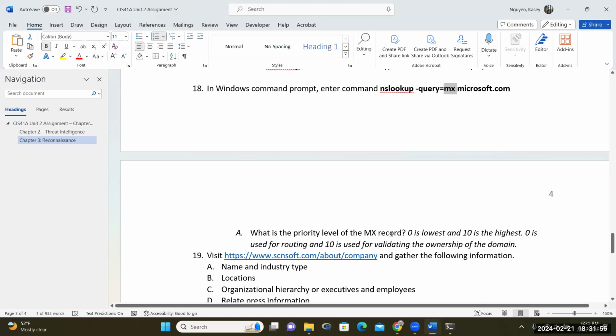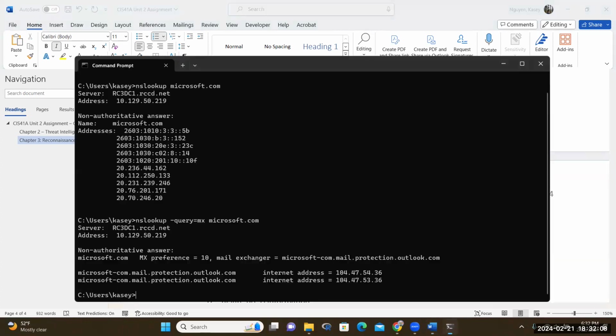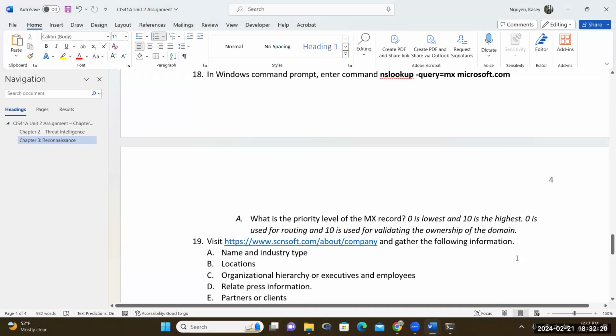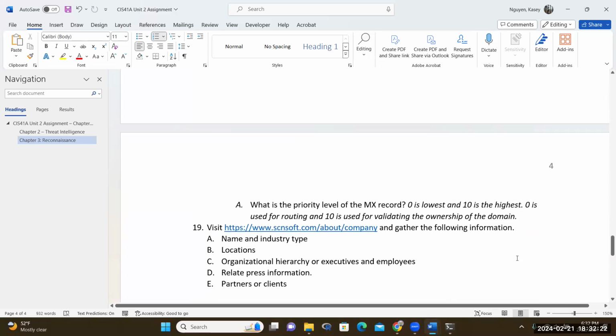So the priority level for the MX record, 0 is the lowest and 10 is the highest. 0 is used for routing and 10 is used for validating ownership. Question.